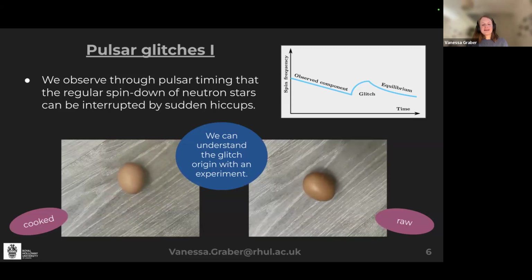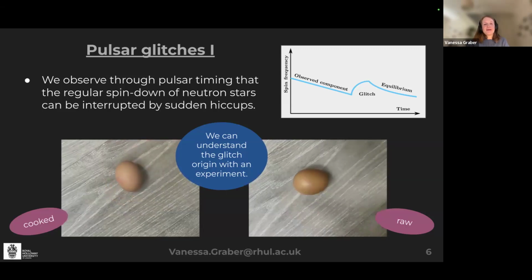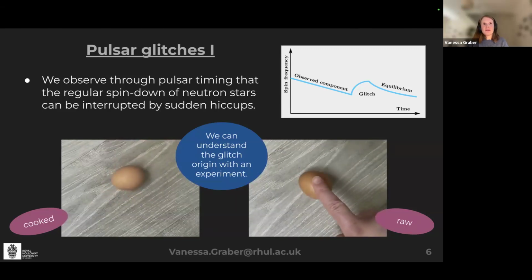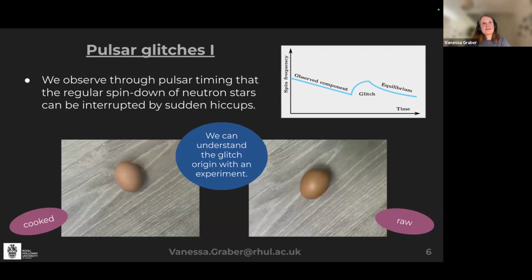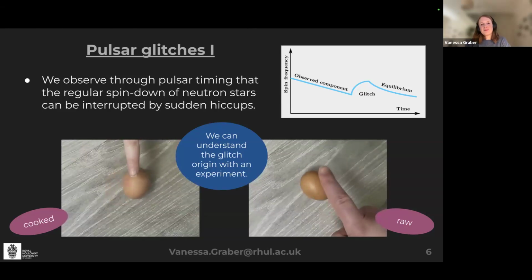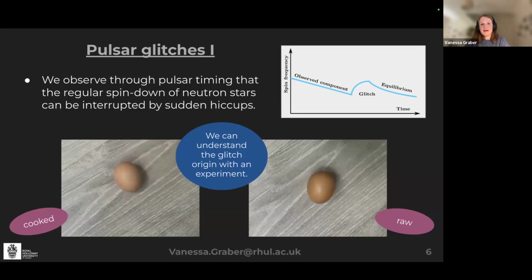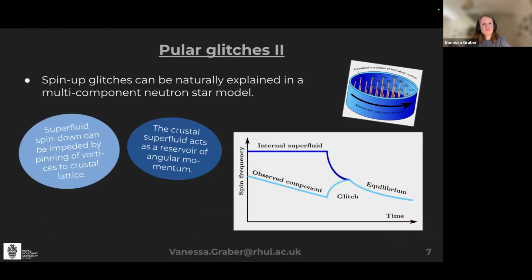So without really looking inside, by this little experiment I can basically figure out what the actual structure of the egg looks like. And this idea of having different internal components is really what's behind the actual glitch mechanism in the case of neutron stars. So these spin-up glitches can naturally be explained in a very similar multi-component model as with our egg, where we had different internal components.